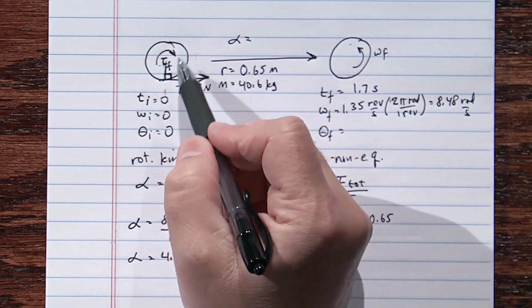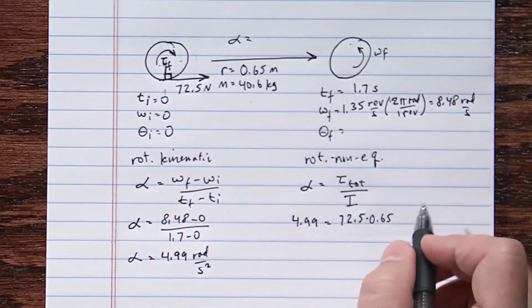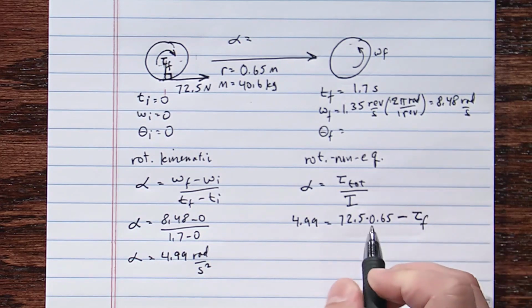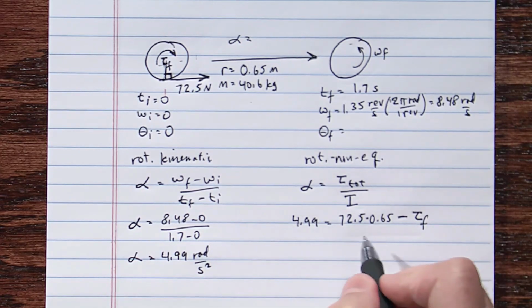Frictional torque is in the clockwise or negative direction, minus tau frictional.